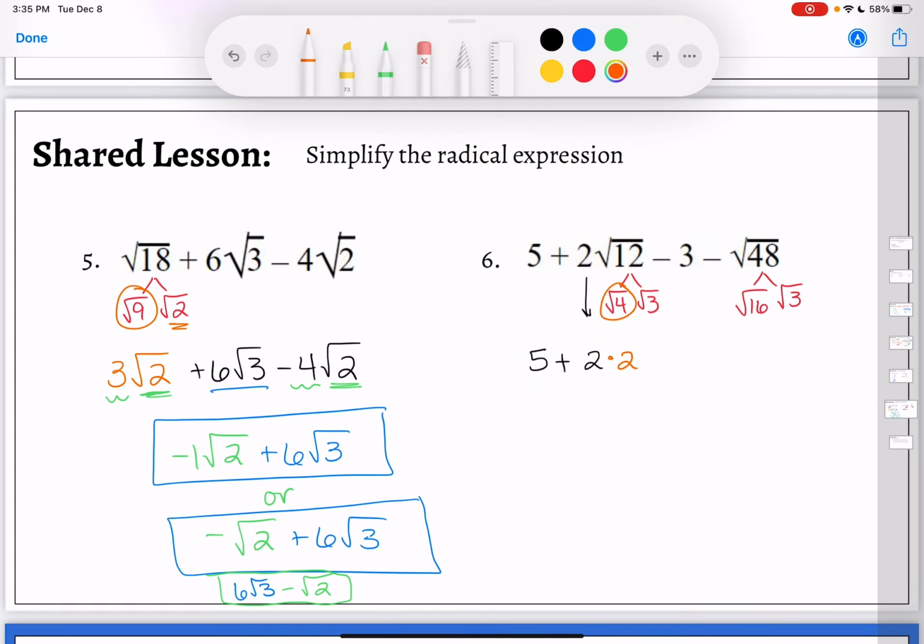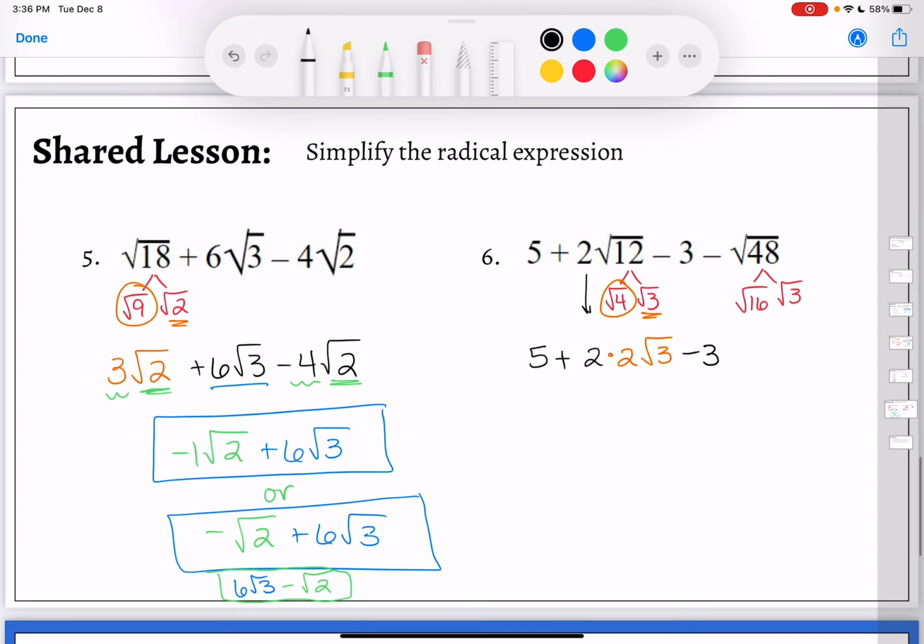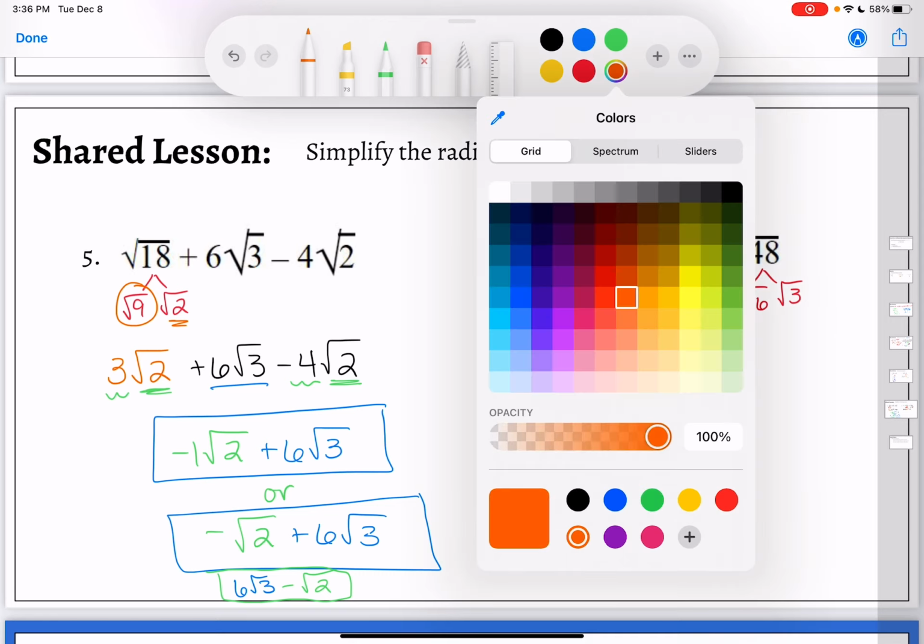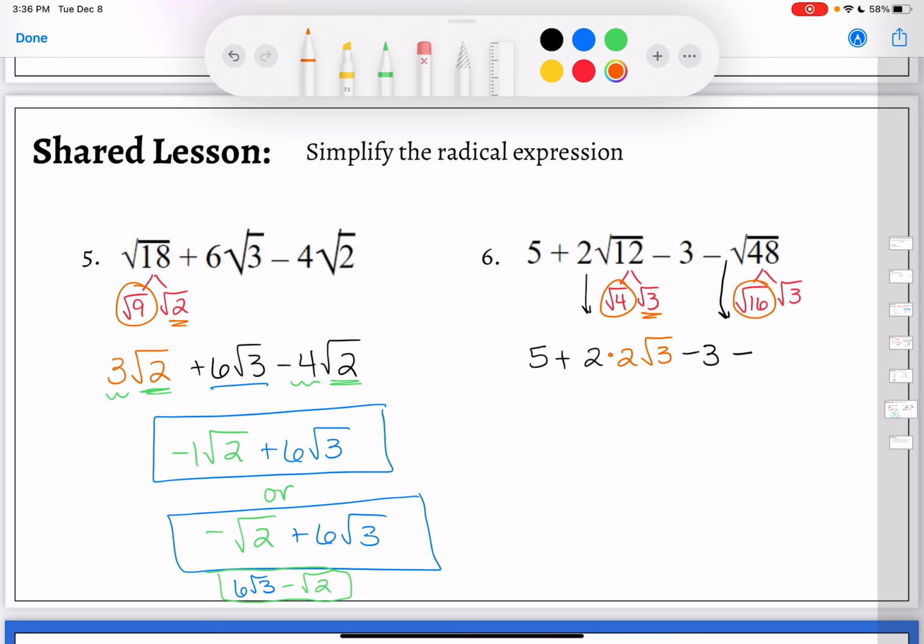So I have 2 times 2, and the radical 3 is staying on the inside. For that second term, bringing down the minus 3, bringing down the minus sign, right? But now I have the square root of 16 becomes 4, and the radical 3 stays put.